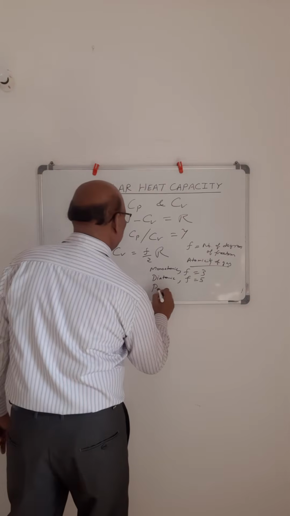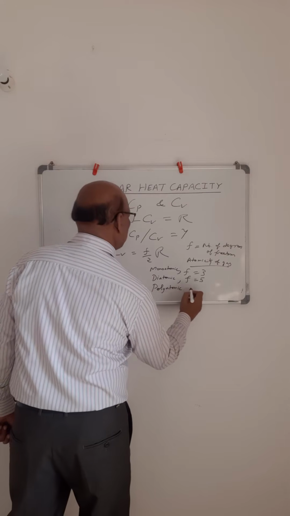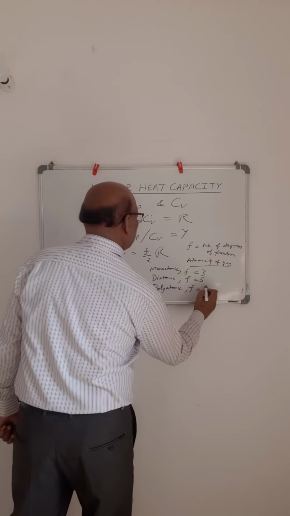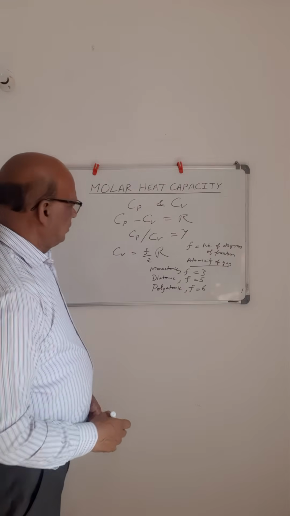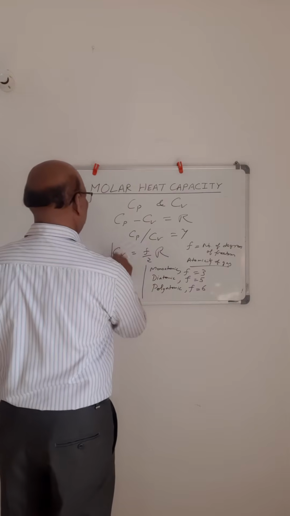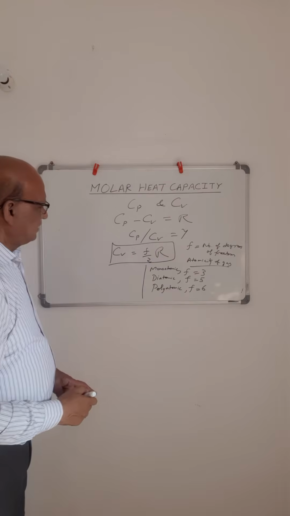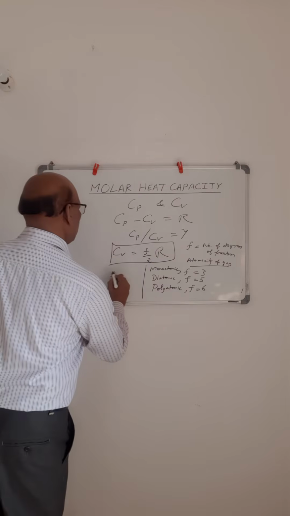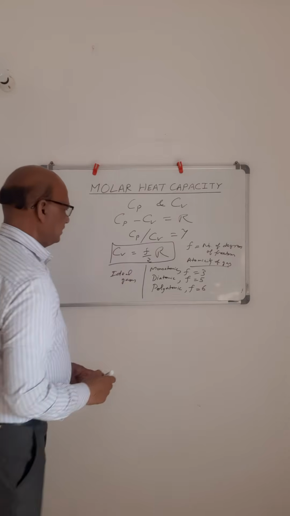If it is a polyatomic gas, that is more than 2 atoms, then the degrees of freedom is 6, that is 3 translational plus 3 rotational. So by this we can find the value of Cv for these various gases, and we are talking about ideal gases. All these gases are ideal gases.